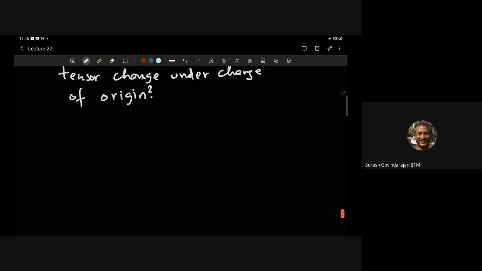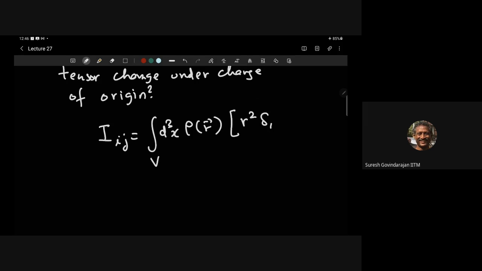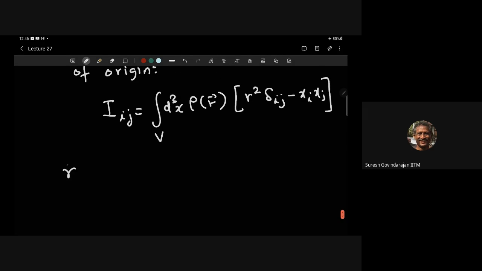First let us go back to the definition of this and do it in the continuum version. This is with respect to one vector r. Let's say we have some r tilde, which is just shifted with respect to r, with a as a constant vector.